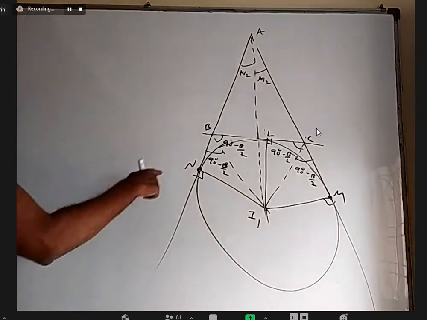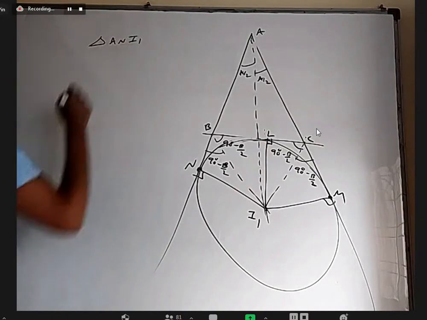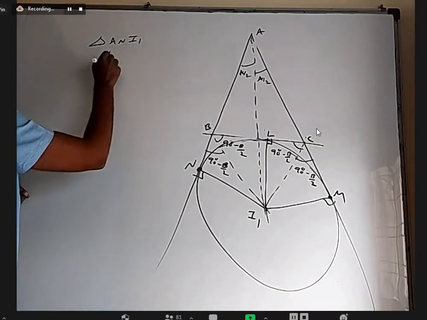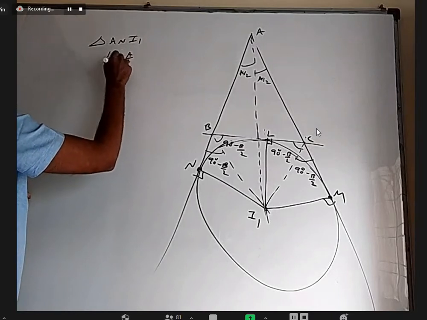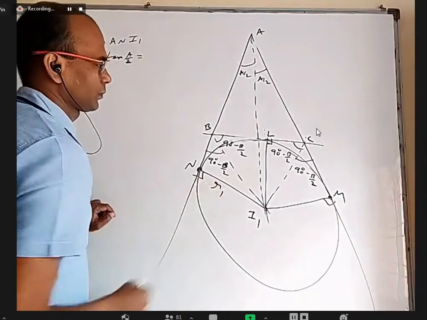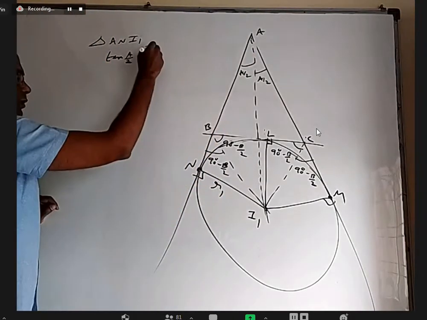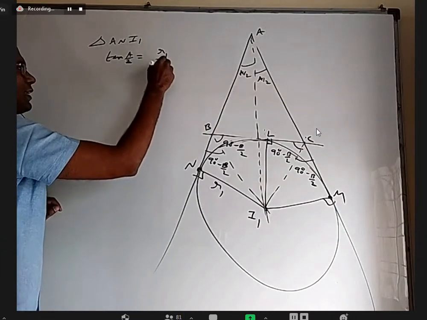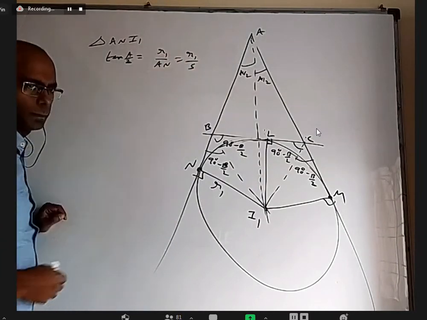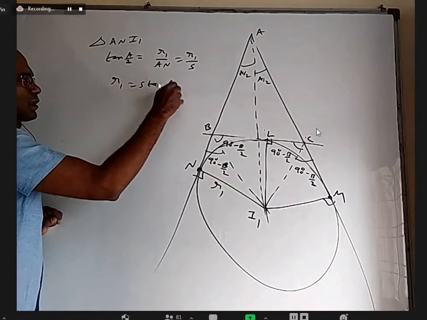If you take triangle ANI1 and take tan A by 2, the opposite side is R1 and the adjacent side is AN. R1 by AN, and AN is S, which we proved already some time back. So R1 is equal to S tan A by 2.